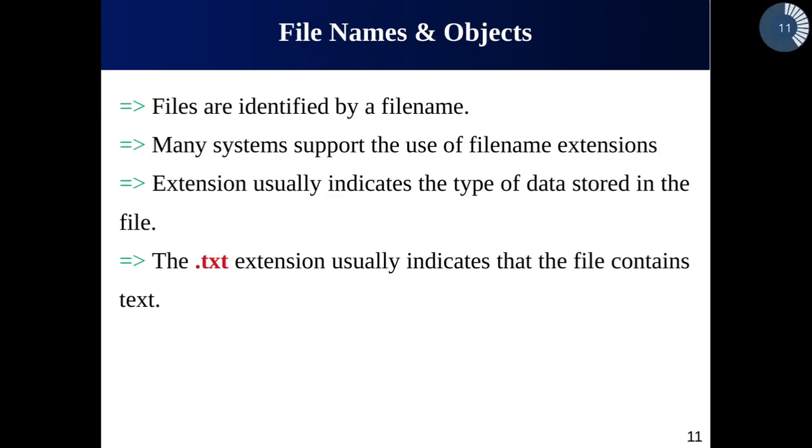Another concept which is important to understand for working with files is that of file names and file objects. Most computer users are familiar with the fact that files are identified by a file name. For example, you create a document with a word processor and save the document in a file. You have to specify a file name in order to save the file.